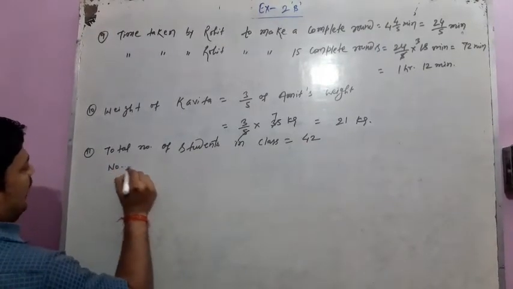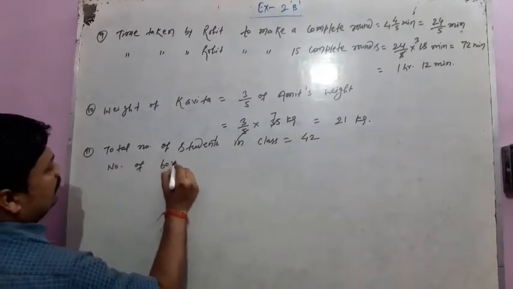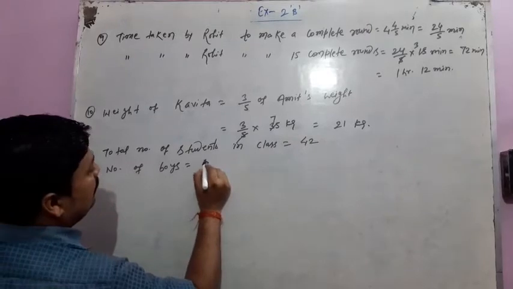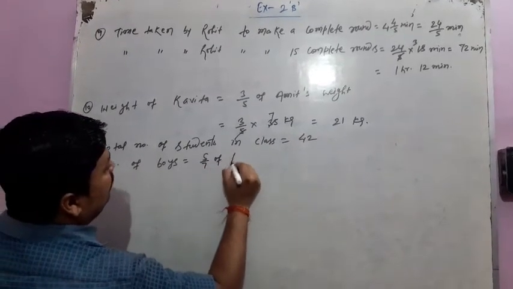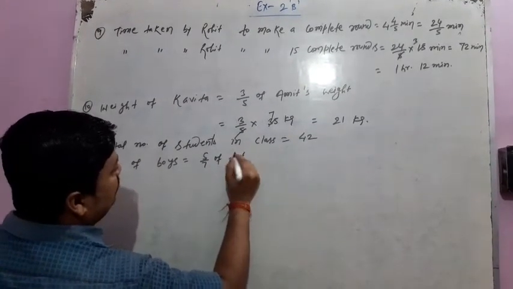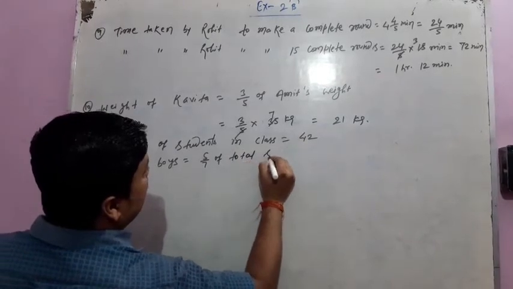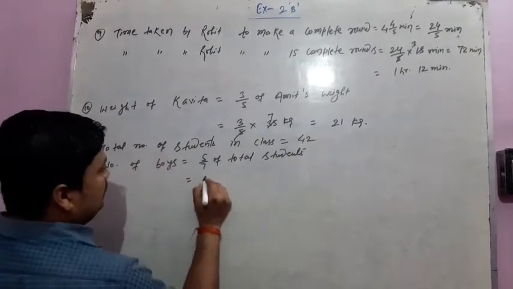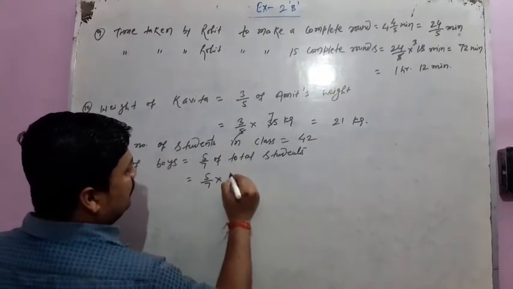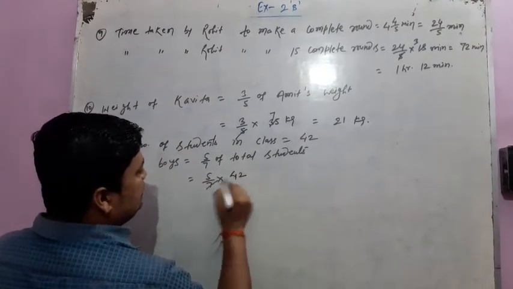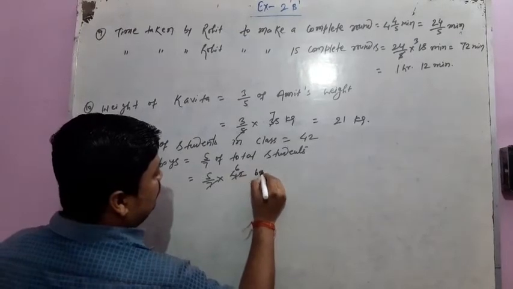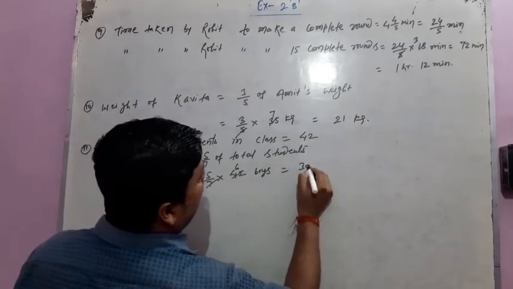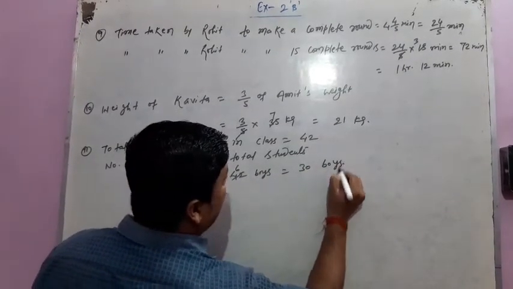Now number of boys is equal to 5 by 7 of total students. That is 5 by 7 into the number of total students, which is 42. Therefore, the number of boys is 30.